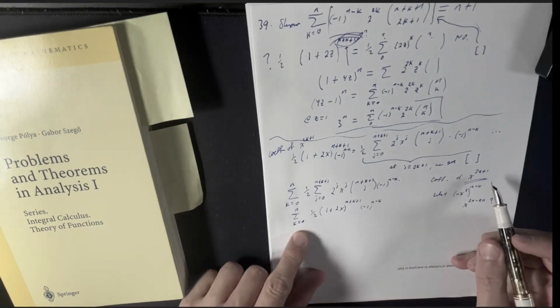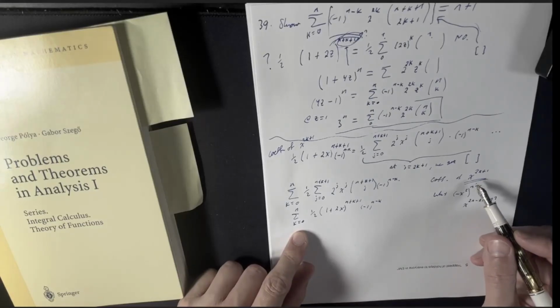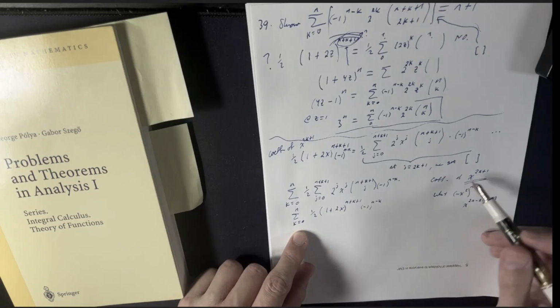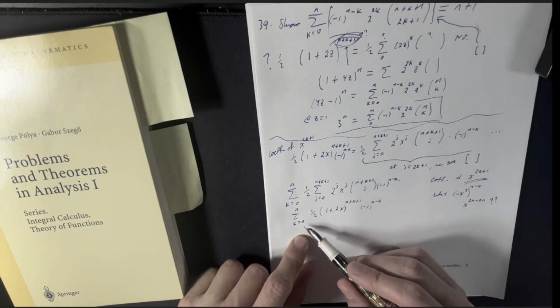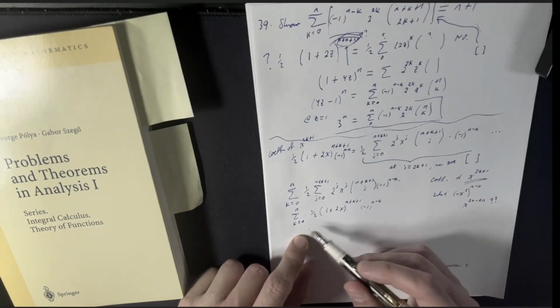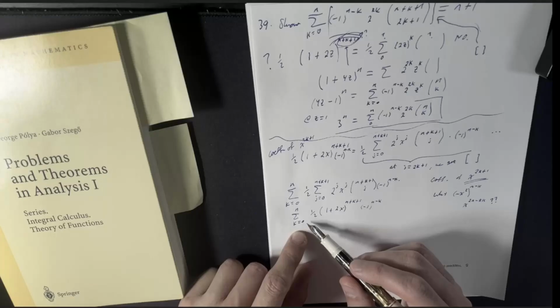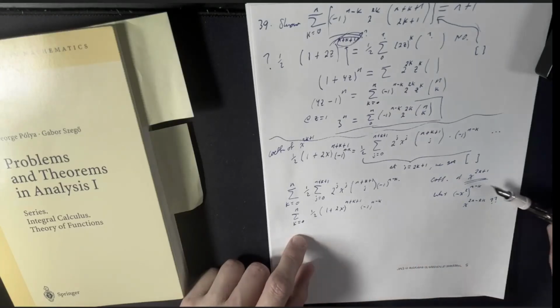And what else is my problem? Each term on the left is a particular coefficient. I guess this is the other part that I'm confused on. Like, we're going to sum. How am I supposed to take the one where the k is 2k plus 1? Like, that doesn't make sense.